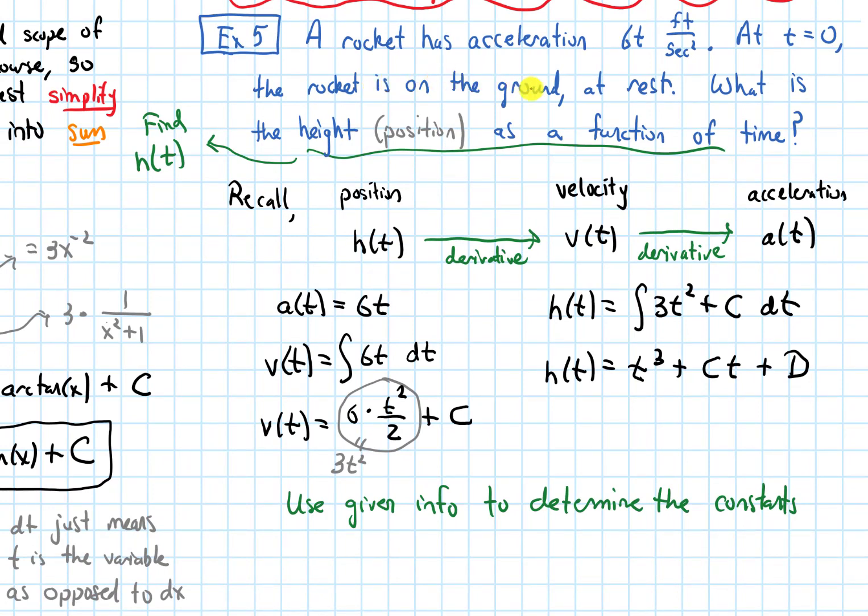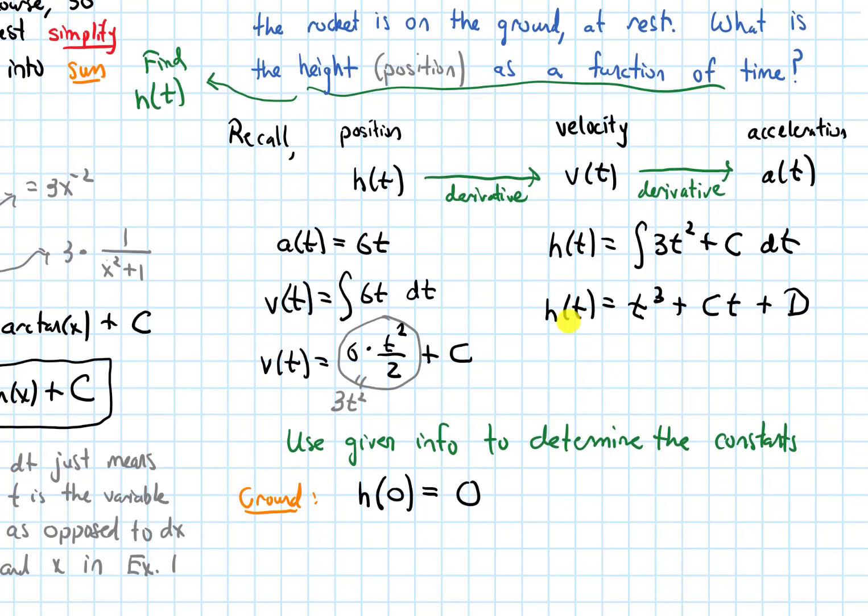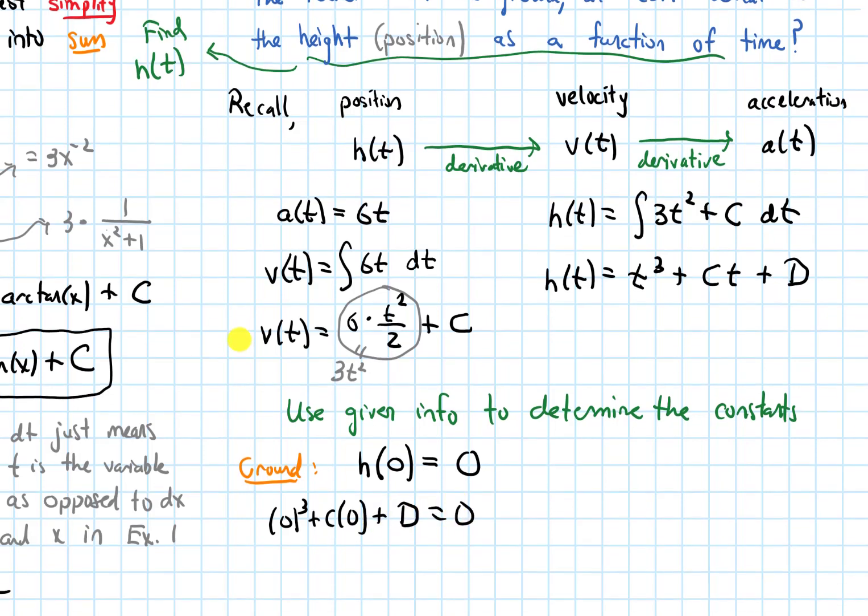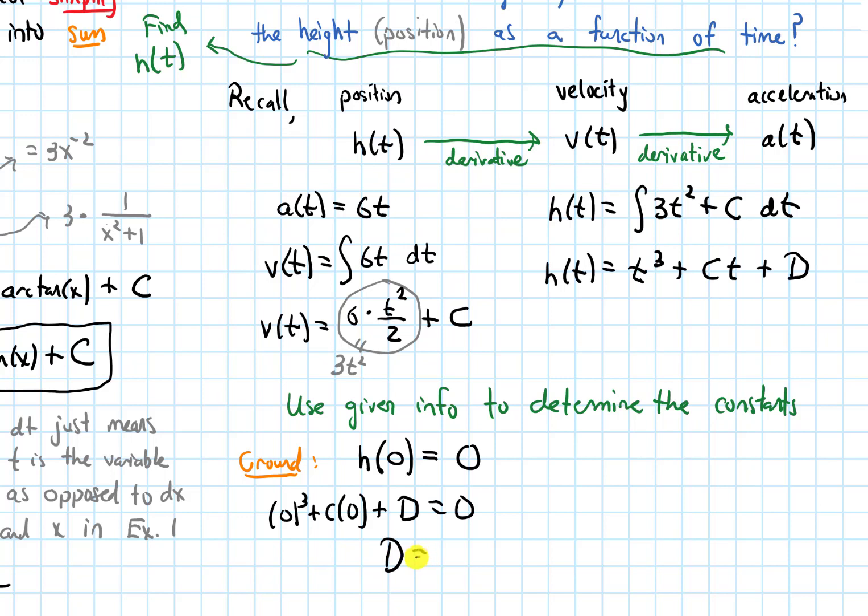One thing it tells me is the rocket is on the ground. If it's on the ground at that time, that means the height when t equals 0 is just 0. So if I plug 0 into my height function, we'll get 0 cubed plus c times 0 plus d equals 0. And that just simplifies to d equals 0. So I know the value of d, so that's nice.